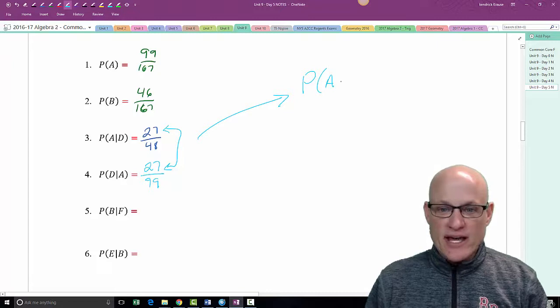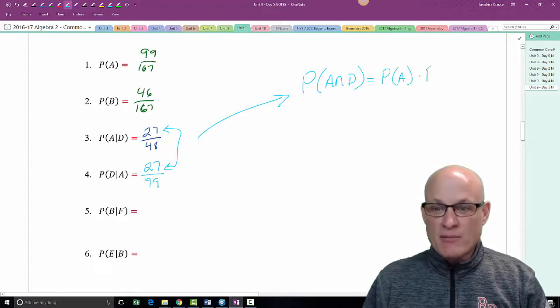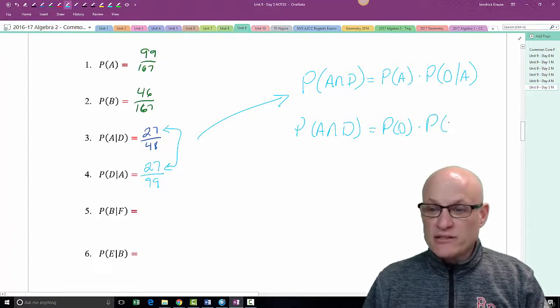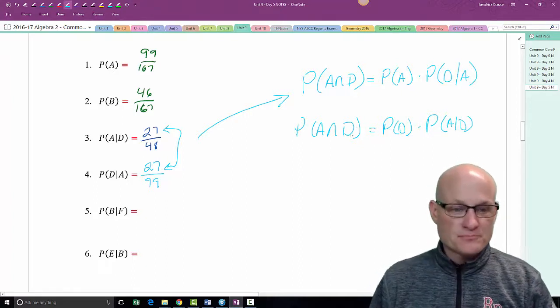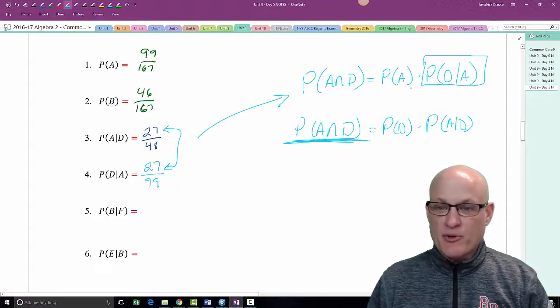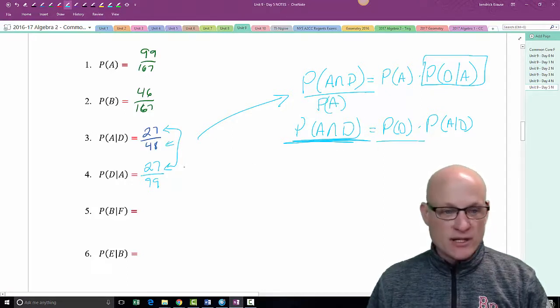This is the probability of A and D. Remember the formula: the probability of A and D is equal to the probability of A times the probability of D given A, or the probability of A and D is equal to the probability of D times the probability of A given D. Well, remember, in order to find this, because this is the thing we're looking for, we divide by the probability of A. So this is over the probability of A, which in this case was 99, or the probability of D, which was 48.